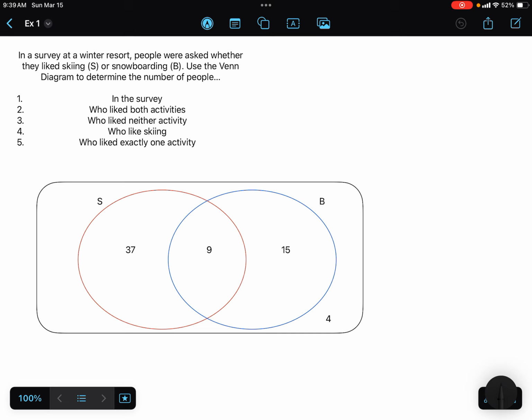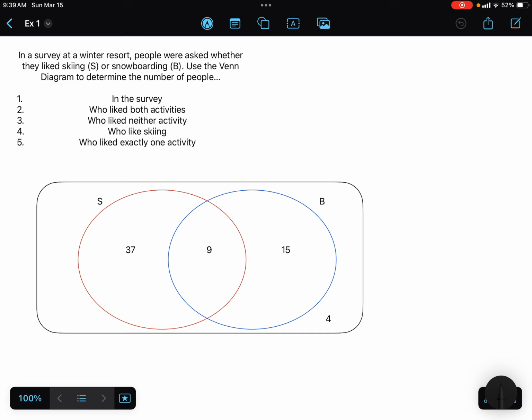And then there's an overlap area, the one with the 9 in it, that signifies the people who said they liked both skiing and snowboarding. So both conditions are met. You see the 37, that is part of the skiing circle, but not the snowboarding circle. So those 37 people represent the people who only liked skiing.